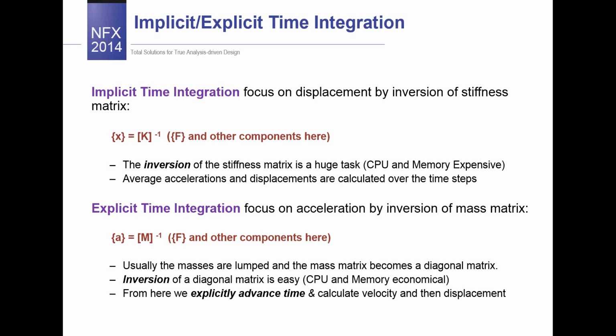Explicit time integration focuses on acceleration by inversion of the mass matrix. So in the first type we have inversion of the stiffness matrix, in the second method we have inversion of the mass matrix. And usually the masses are lumped and the mass matrix becomes a diagonal matrix. And this is very easy to perform by your CPU. And from here we can explicitly define the time and calculate the velocity and then displacement.